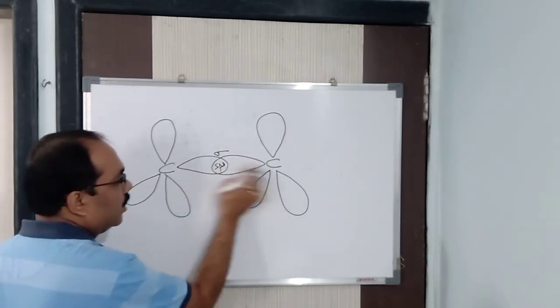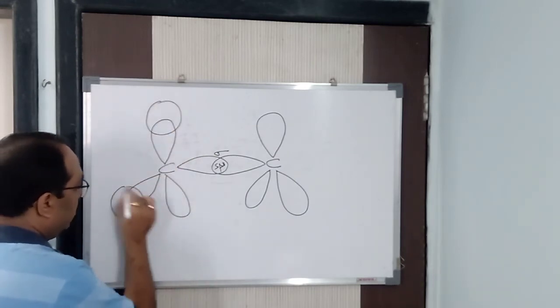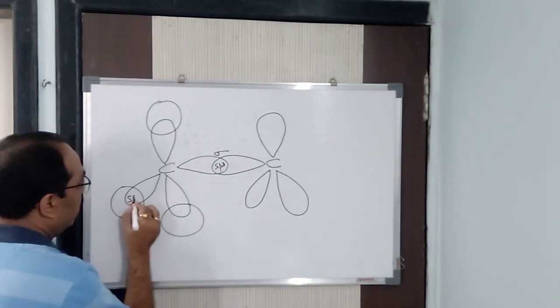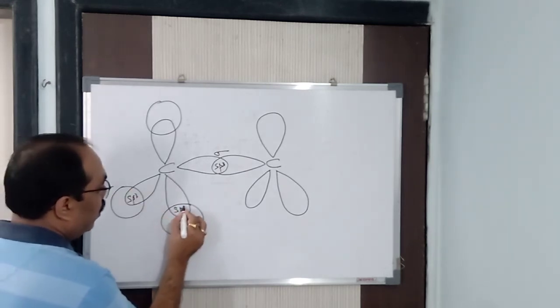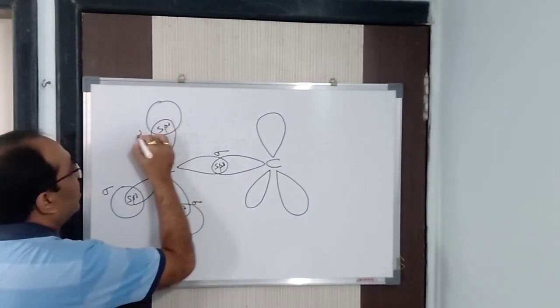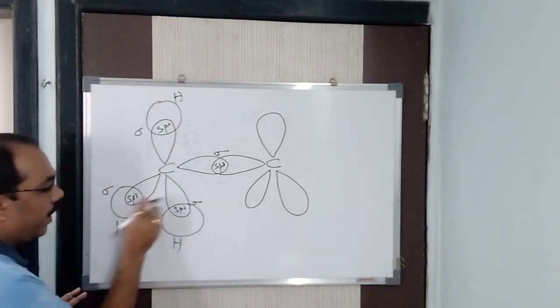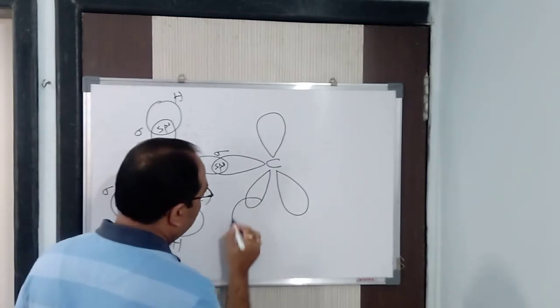So first I have done the carbon-carbon bond. Now 3 hydrogens: this is 1, this is 2, this is 3. So this is sp3 sigma, sp3 sigma, sp3, and this is sigma. This is hydrogen, hydrogen, hydrogen. Now hydrogen will be spherical only, 1s. Understood?